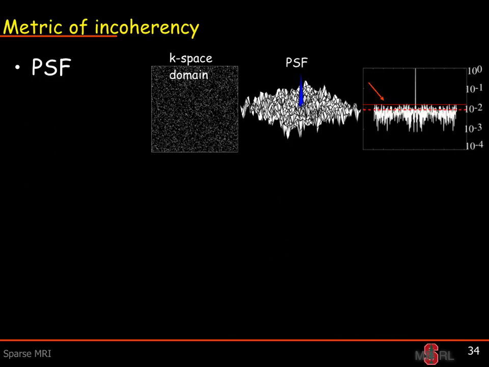Again, to illustrate the difference between PSF and TPSF, the point spread function of a given acquisition pattern would be taking the k-space sampling pattern and putting a 1 at each location in that pattern. Then you take an inverse Fourier transform, and you're going to get a spike in the middle of image space, because that's effectively sampling a uniform pattern, so you get a big delta function in the middle. But then a lot of incoherent aliasing if it's a random sampling pattern.